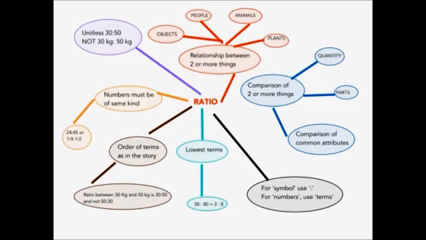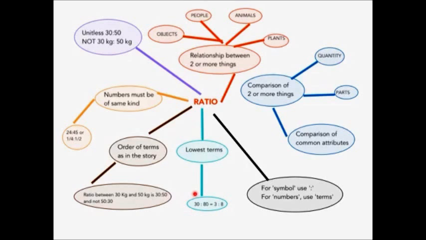A ratio must always be expressed in its lowest terms. This is again a concept that I'm sure you would have learned while learning about fractions. Like in fractions, to find the lowest term of a given ratio, you must divide both the given terms by the highest common factor.